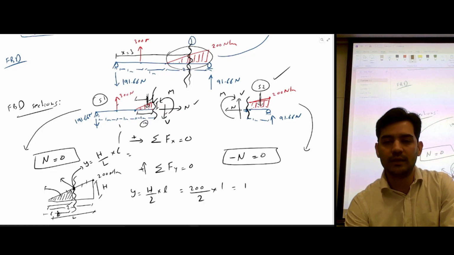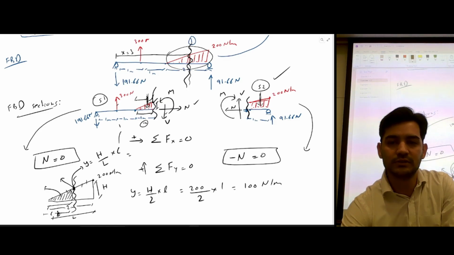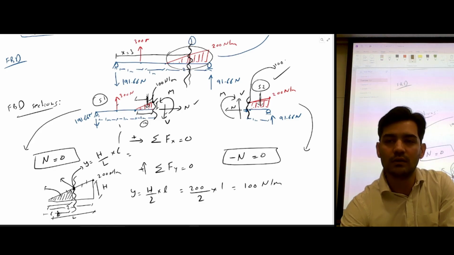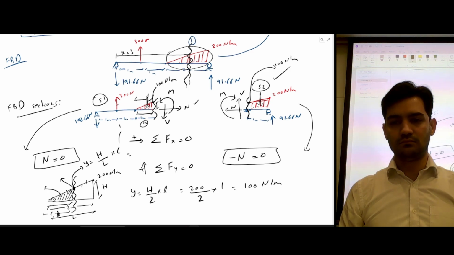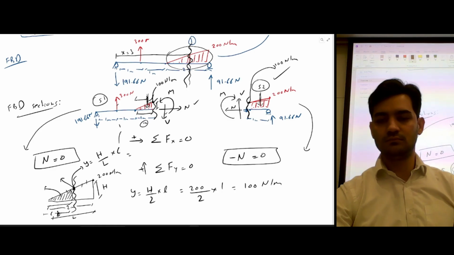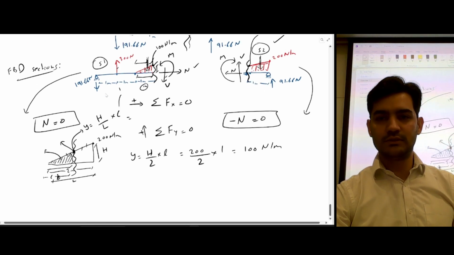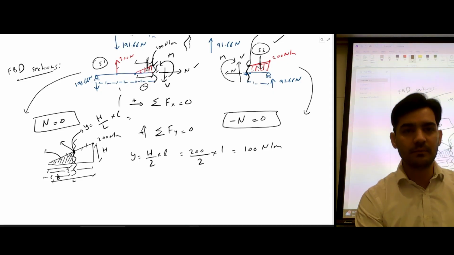So it comes out to be 100 Newton per meter, which is this point, 100 Newton per meter. And this point is also 100 Newton per meter. So let's simplify a bit.